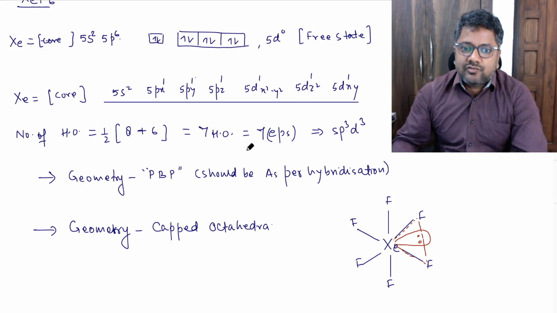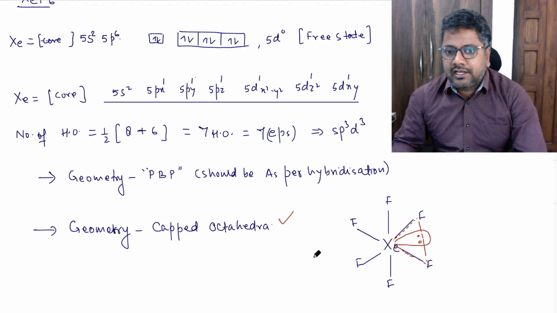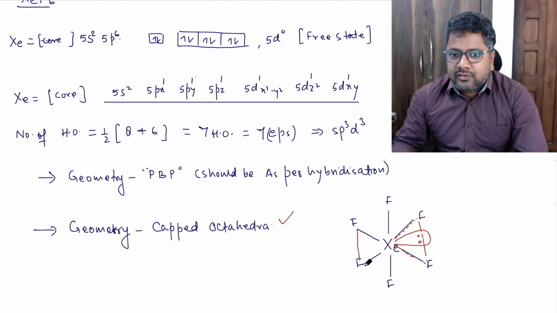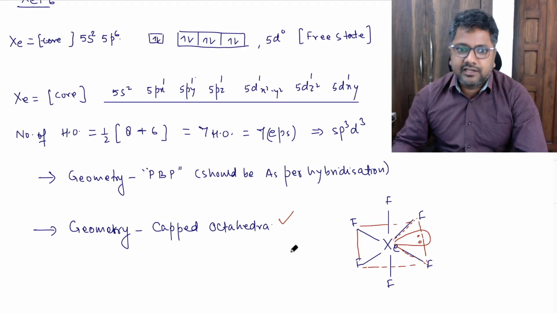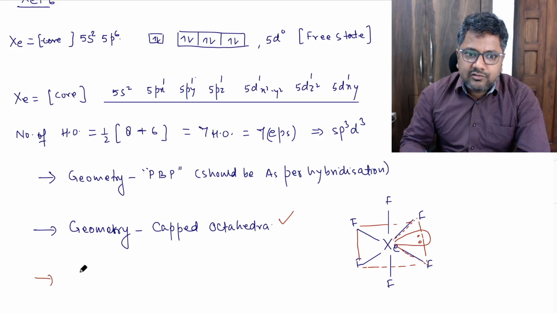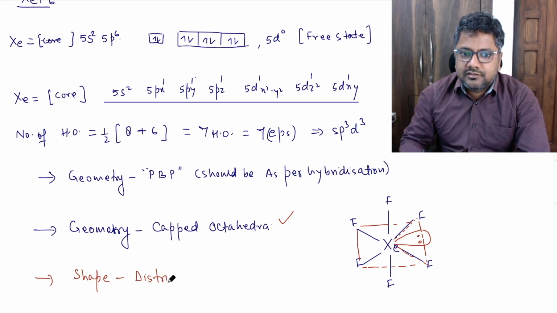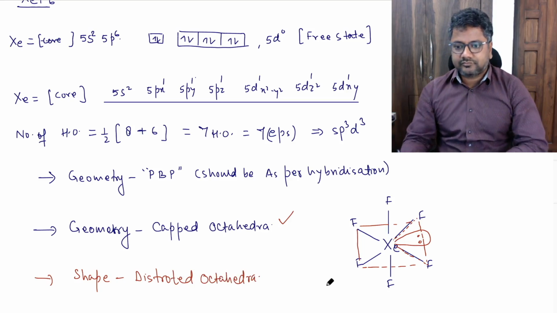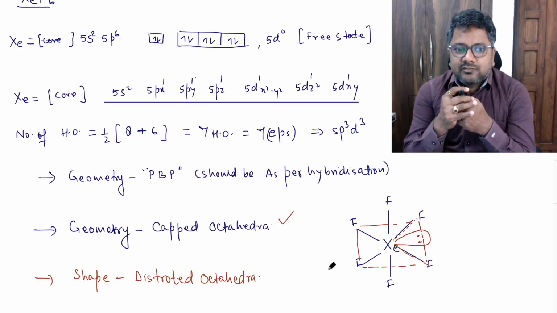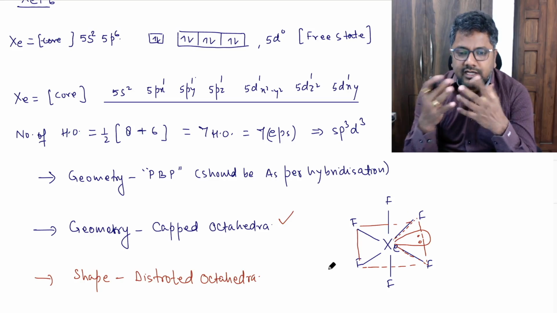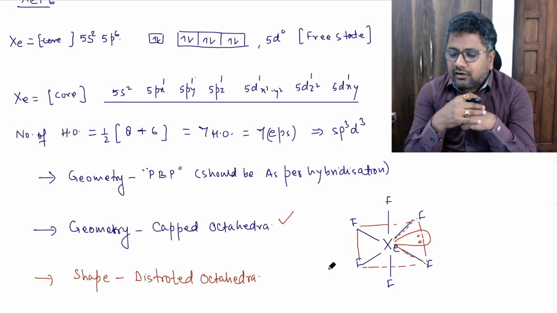So geometry should be reported as capped octahedron, and you cannot say that all the bond angles are now perfect 90 degrees. This is not possible here. So the shape of this molecule is reported as distorted octahedron, right? So the shape of this molecule is distorted octahedron, and geometry is capped octahedron.